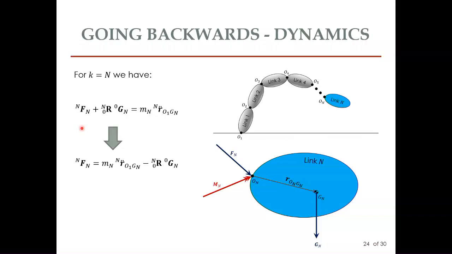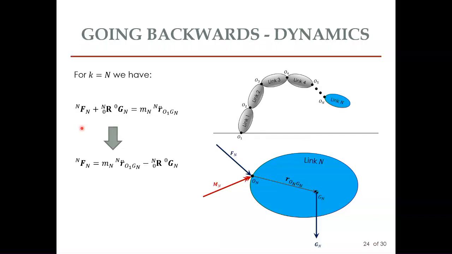Then you can look at this thing here as already calculated, in terms of Q1 until Qk and Qn and their derivatives, because R double dot from O1 to Gn will depend on these parameters and their derivatives.